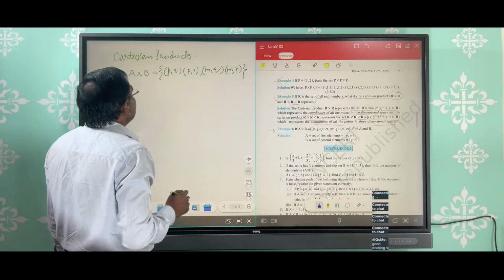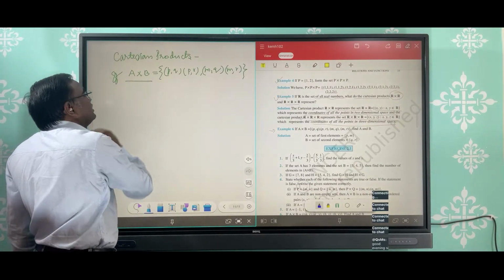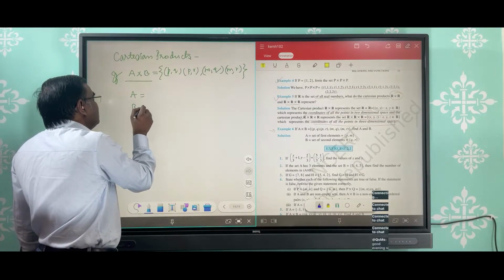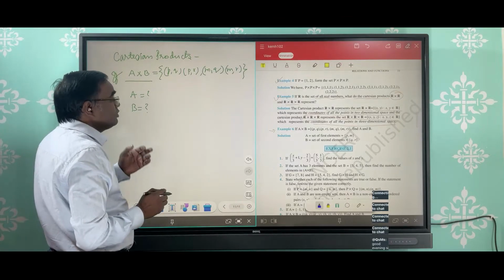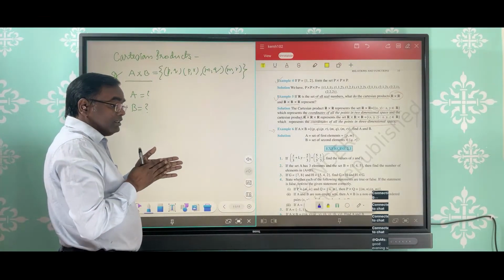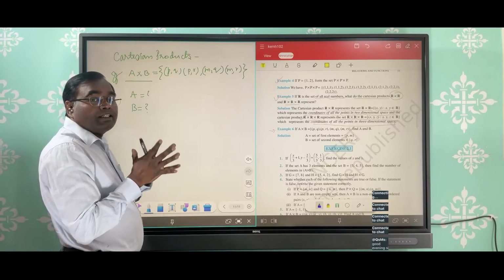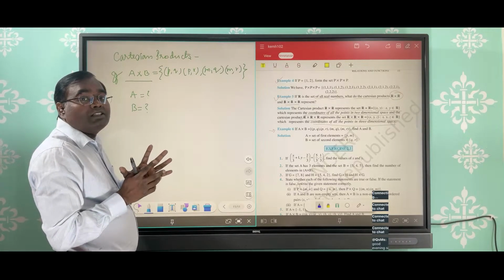So A cross B is given and it is asking to find A and B in reverse. You can find it by taking the restriction that the order of the pairs is very important.